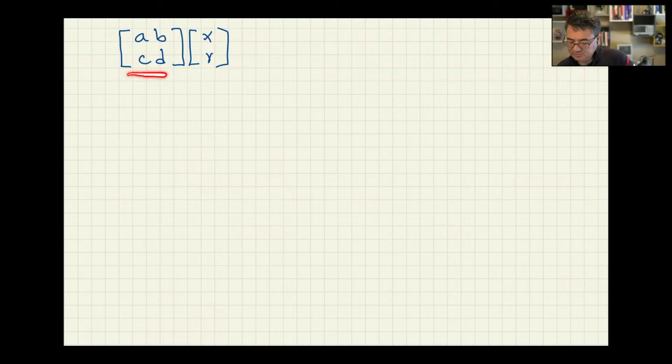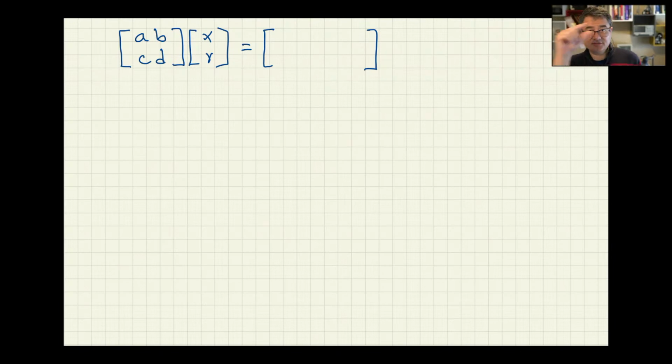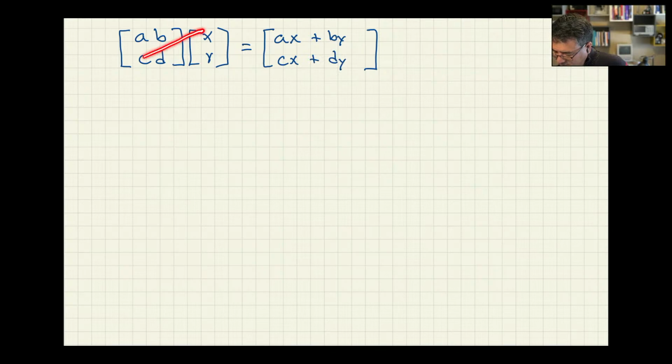If I've got a 2 by 2 matrix multiplied by a 1 by 2 matrix, I will get a 1 by 2 matrix. So I'll get a number up here, and I'll get a number down here. And the way you calculate the top number is you do AX plus BY. So you pair up these two and these two, and you add those together. And then the bottom number is CX plus DY. You pair up these two numbers and these two numbers.